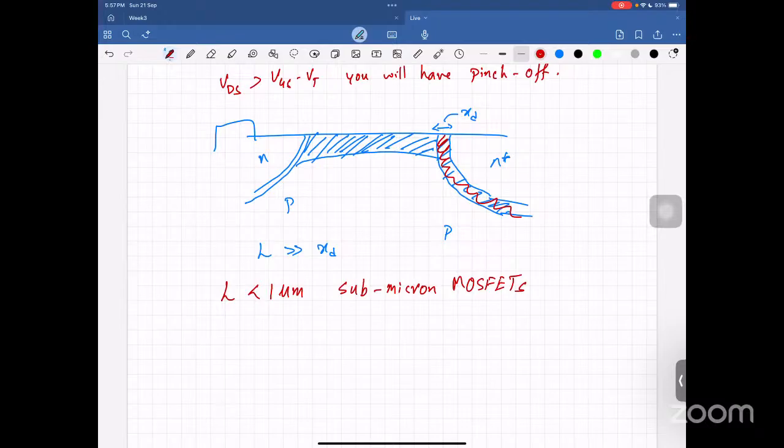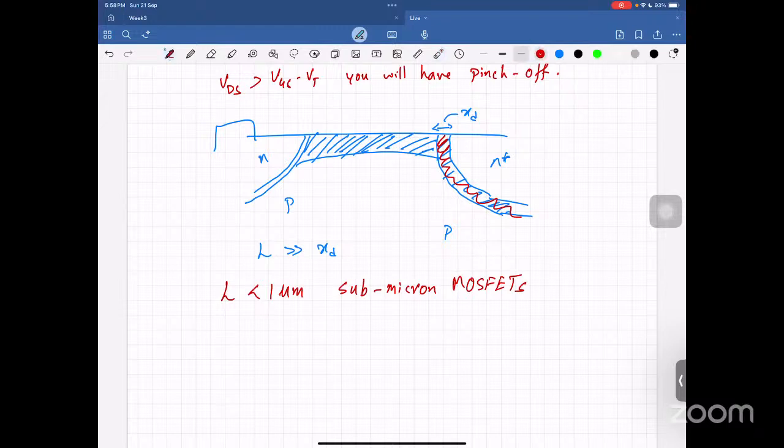You're right that VT will change. But how will it change? Will VT increase or decrease? Think about it. VT is the voltage that you apply on the gate to cause the depletion and then the inversion charge to come in. Now your job is becoming easier.